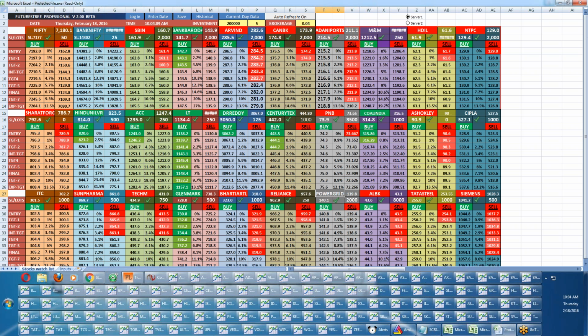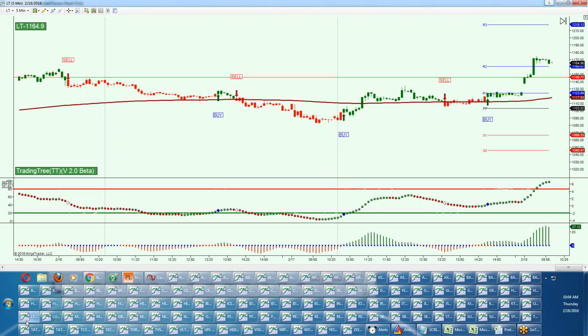So Tech Mahindra has done its intermediate target. NTPC, we have a sell now. So L&T, you can exit here.